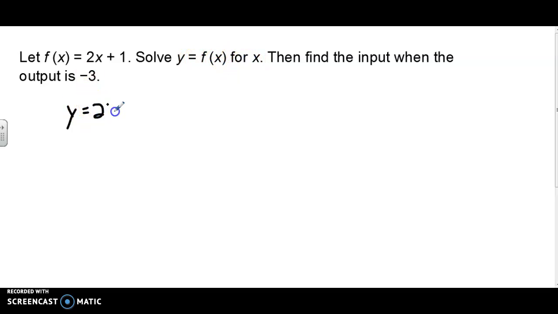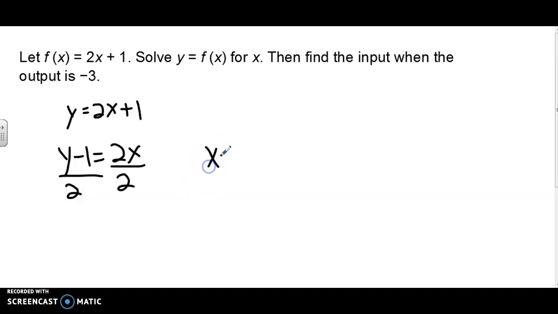So we're going to have y equals 2x plus 1. And then we are going to solve for x. In order to do that, we subtract 1 from both sides. And then we divide everything by 2. So we get x equals (y minus 1) divided by 2. Okay, so that is the function solved for x.